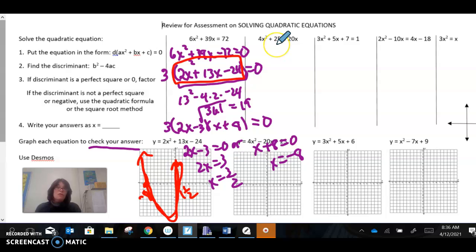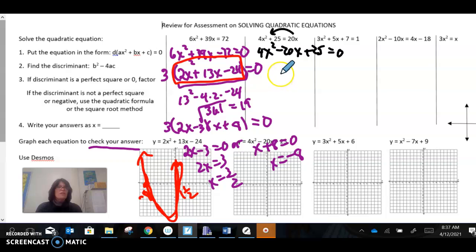All right, so let's work through this next one. 4x squared minus 20x, I'm sorry, plus 25, whoops, equals 0. I just moved the 20x over here so it becomes negative. I don't think there's anything I can take out of there.